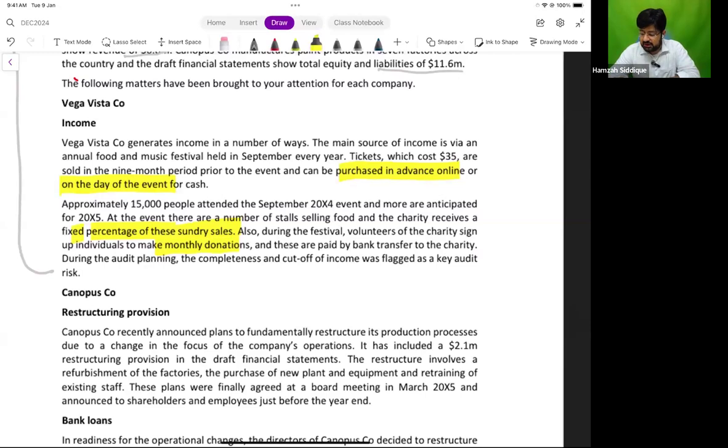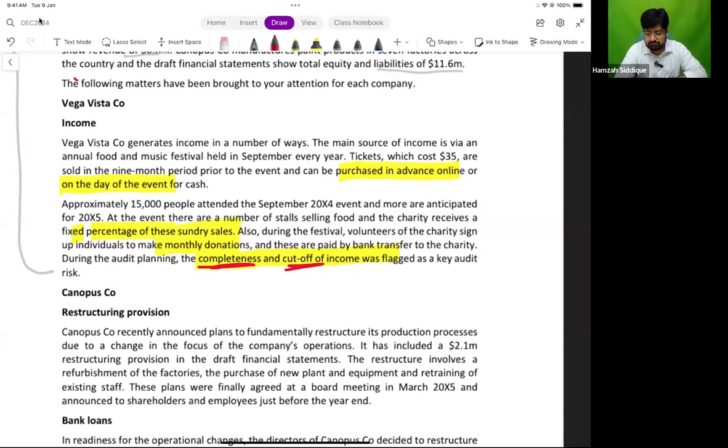During the audit planning, completeness and cutoff. Now, the scenario is telling us our procedures will be directed towards completeness and cutoff. It was not restricted by the requirement, but ultimately, when we have gone through the scenario, they have told us a restriction over here.